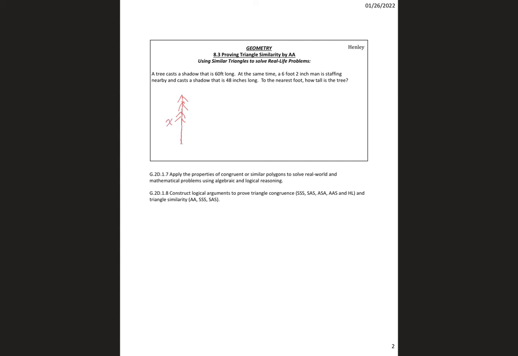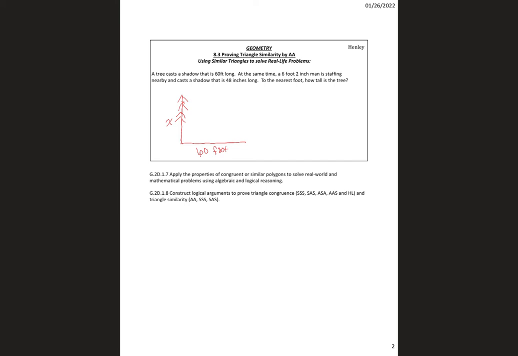We have our tree that makes a 60-foot shadow. At the same time, a 6'2" man is standing nearby, and he casts a shadow that is 48 inches long.